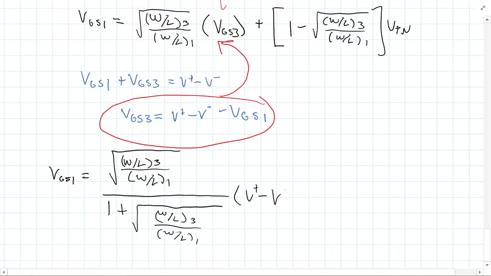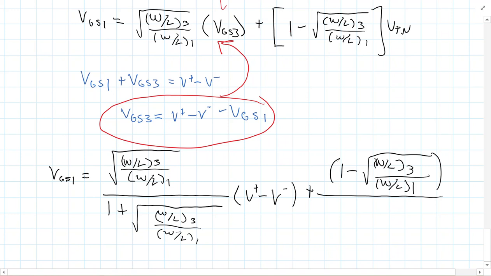Times V plus minus V minus, plus one minus the square root of W over L of the third divided by W over L of the first, divided by 1 plus the square root of W over L of the third divided by W over L of the first, and then this is all times VTN.